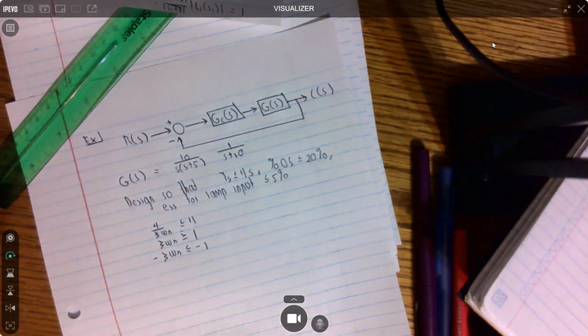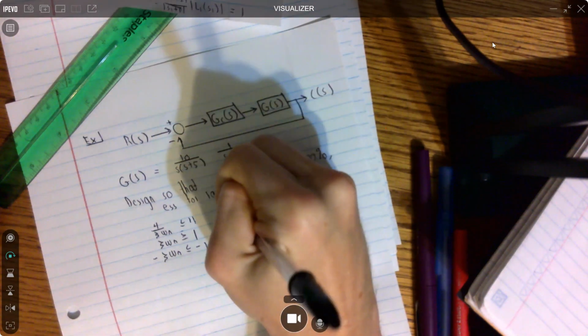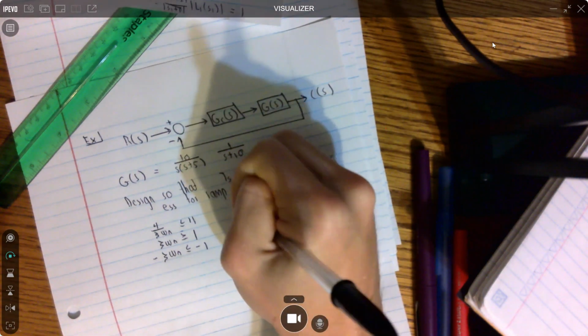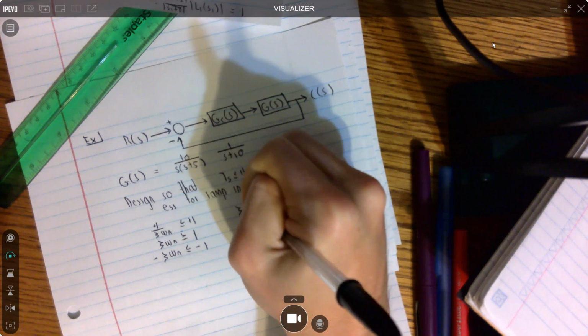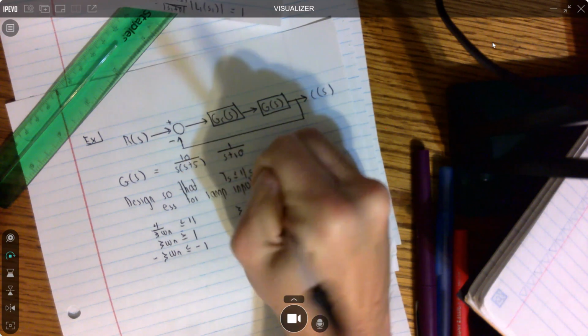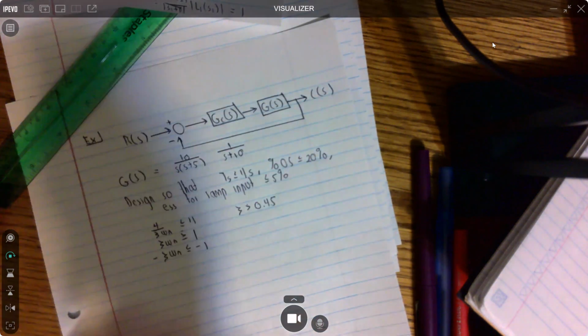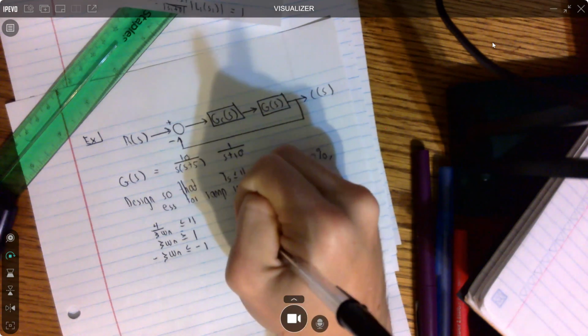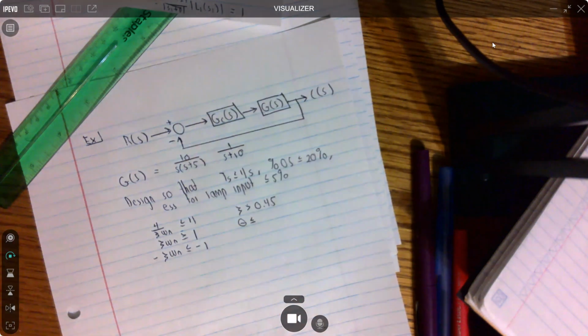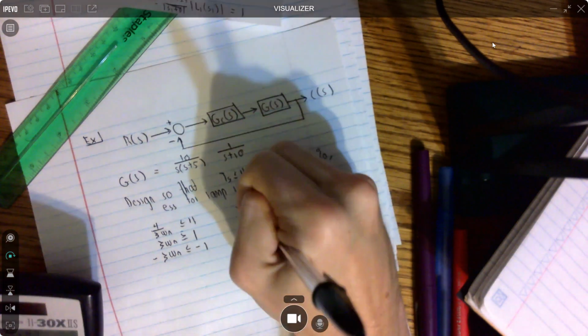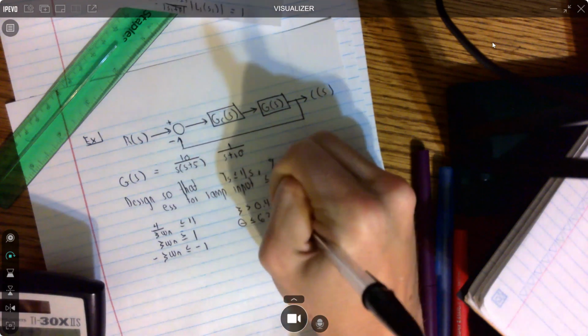Your percent overshoot is basically telling you that your zeta has to be greater than, looking at the table, about 0.45. If you take the cosine inverse of 0.45, what we're going to get is about 63.26 degrees for the angle.